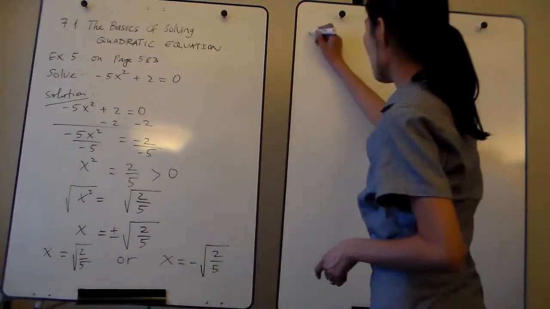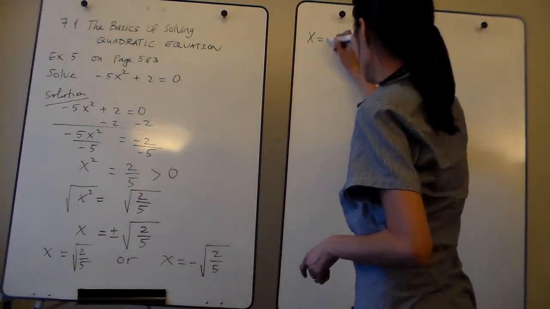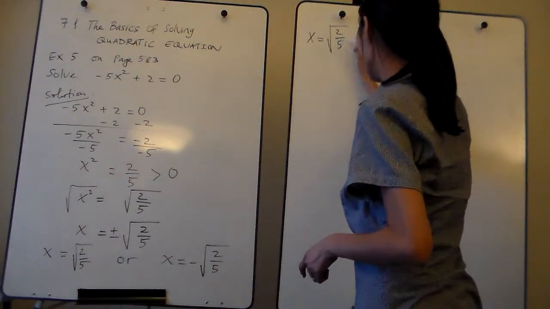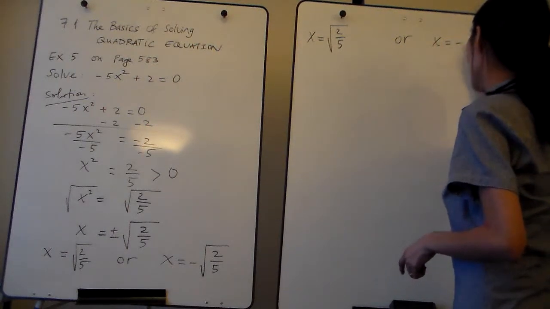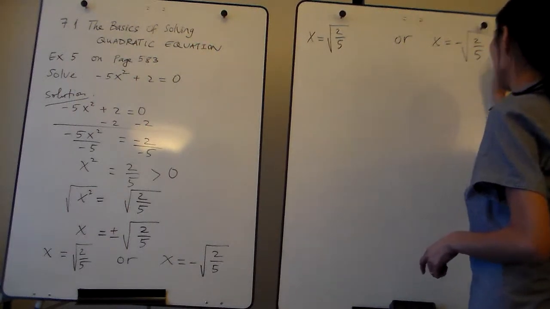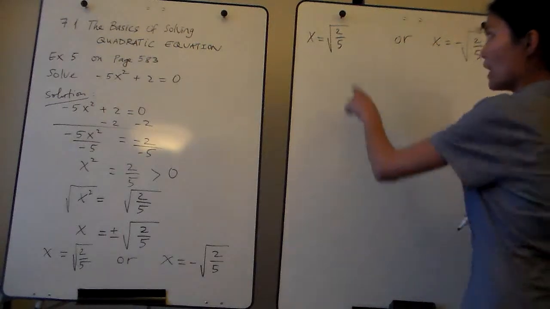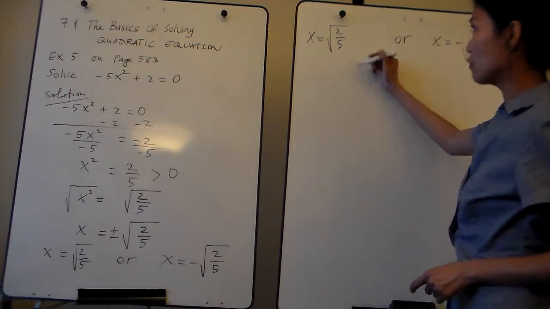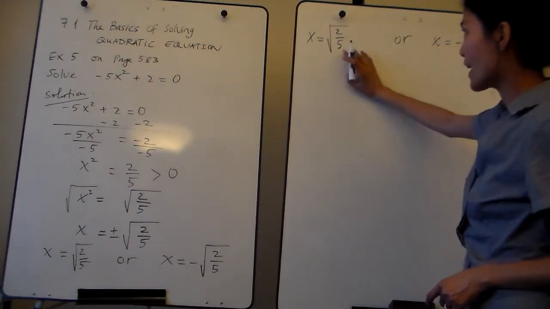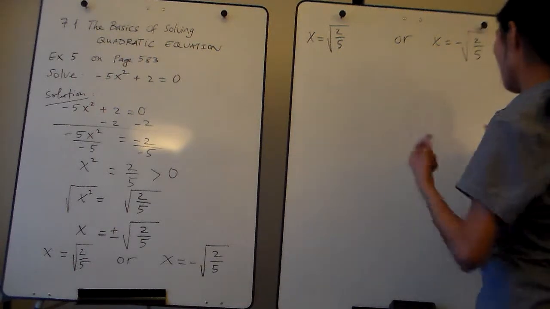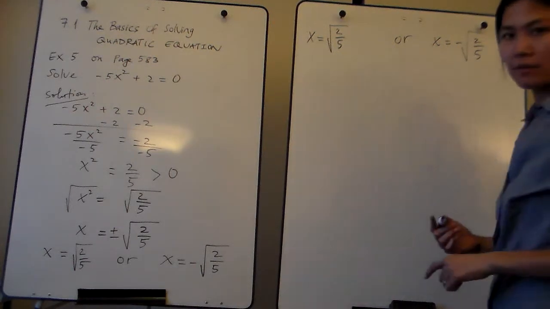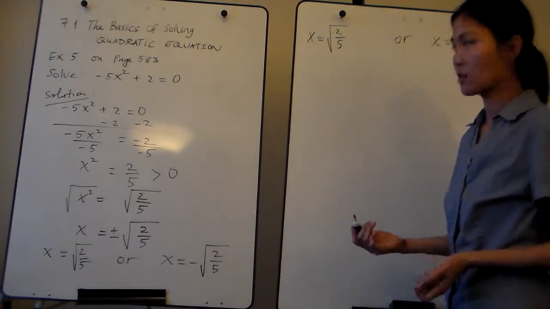So the first one is x equal to square root of 2 over 5. The other one is x equal to negative square root of 2 over 5. For this case, we'll simplify the square root. We'll take the denominator outside the square root. Now, 5 is prime. You cannot take the 5 out.